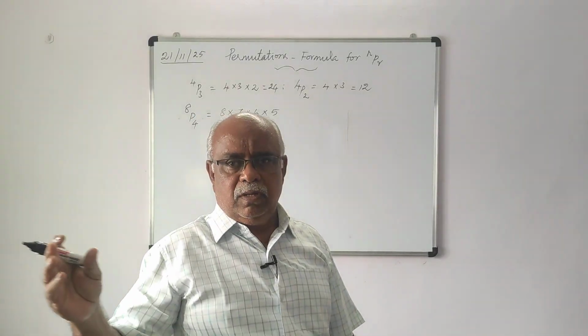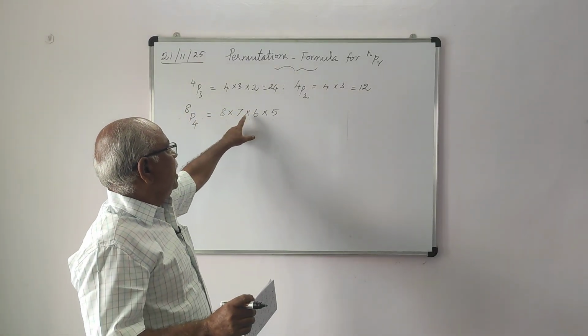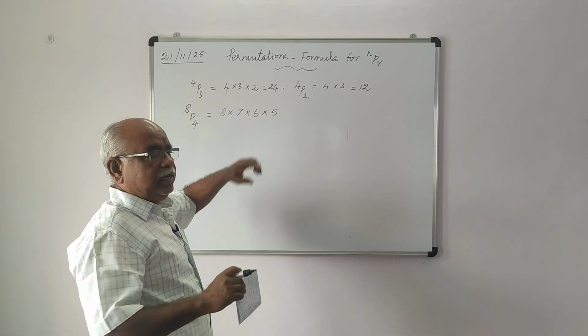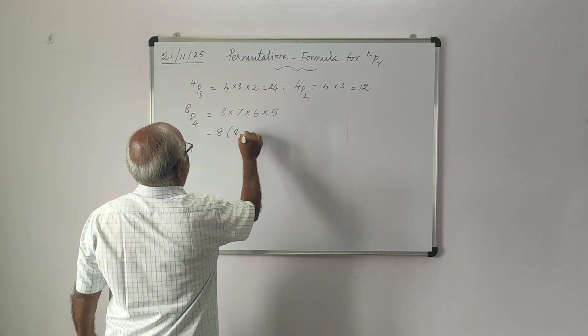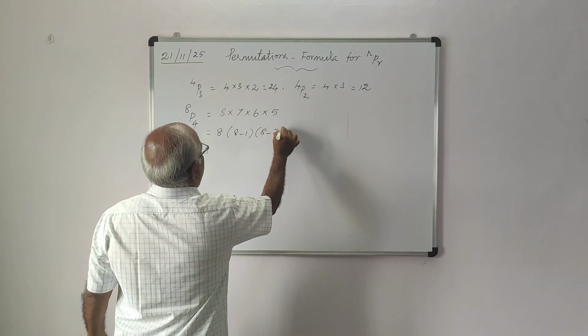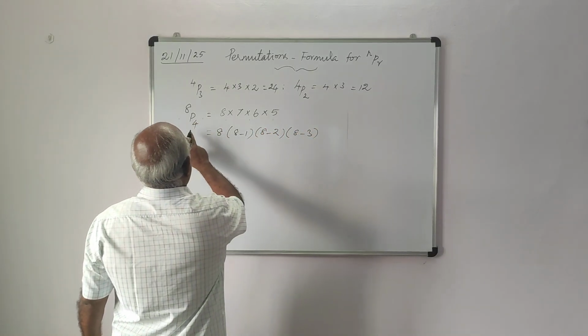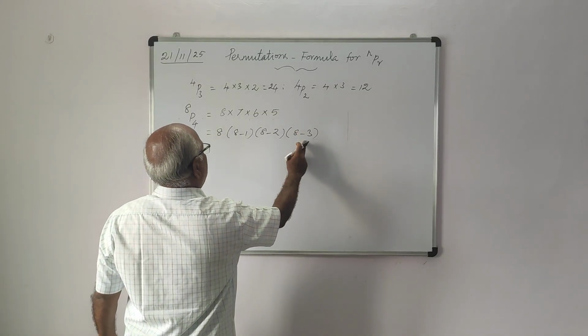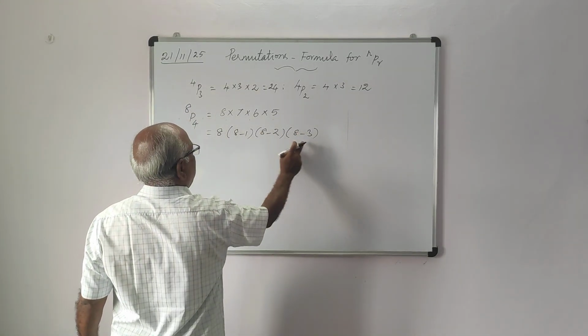From 8, we write 4 numbers by subtracting 8 minus 1, 8 minus 2, 8 minus 3. This can be expressed as 8 into (8 minus 1) into (8 minus 2) into (8 minus 3). If you find 4, the last number is 8 minus 3.